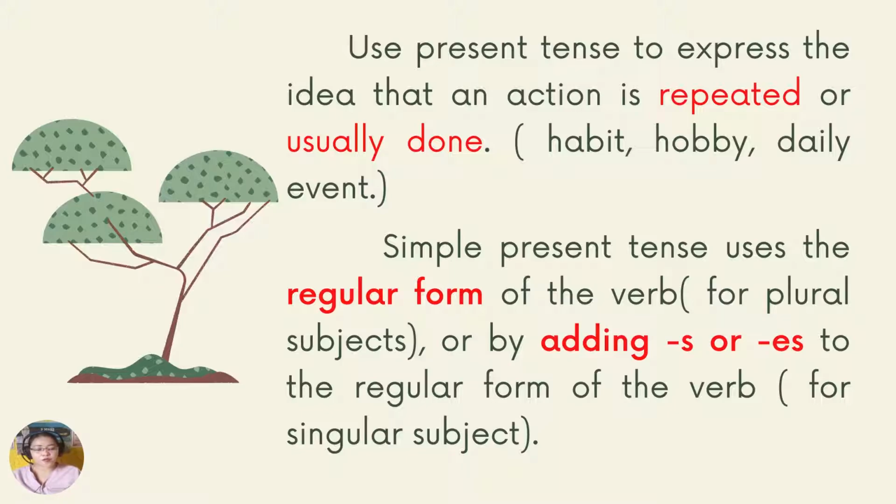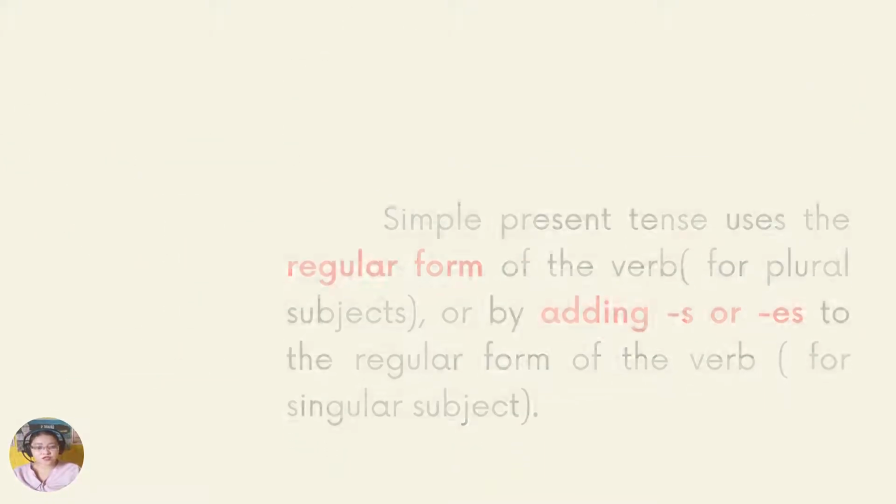Again, for plural subjects, we use the regular form of the present tense of the verb, while we add s or es to the verb when the subject is singular.